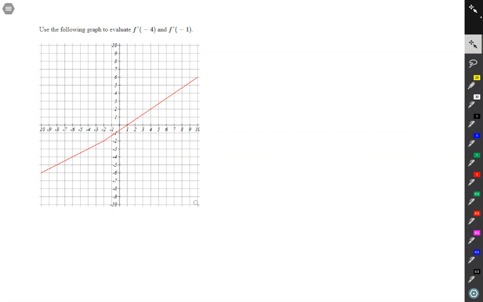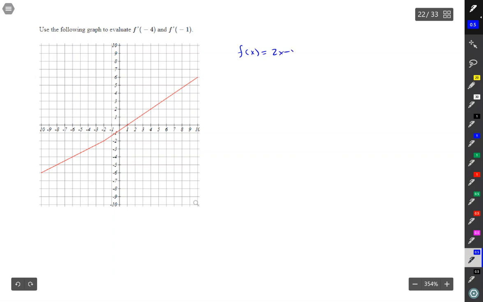This question asks us to find the first derivative evaluated at -4 and at -1 of this function. Now, looking at this, we don't have the definition of the function, so we don't have like f of x equals 2x minus 5 or anything like that, so we don't have that to rely on.